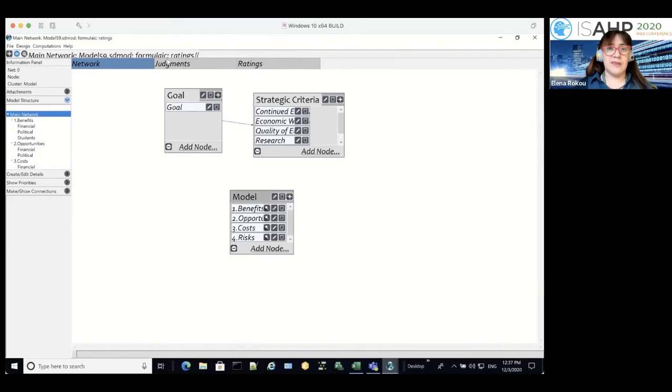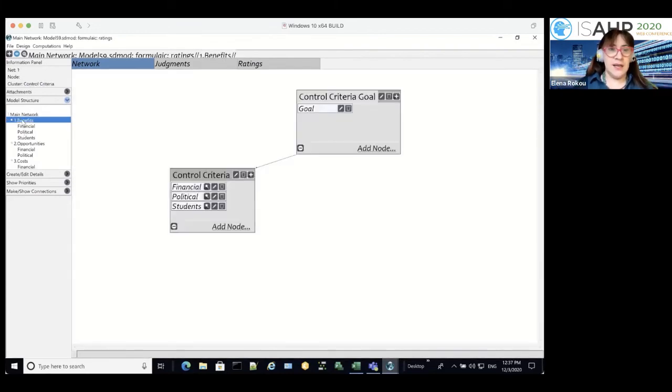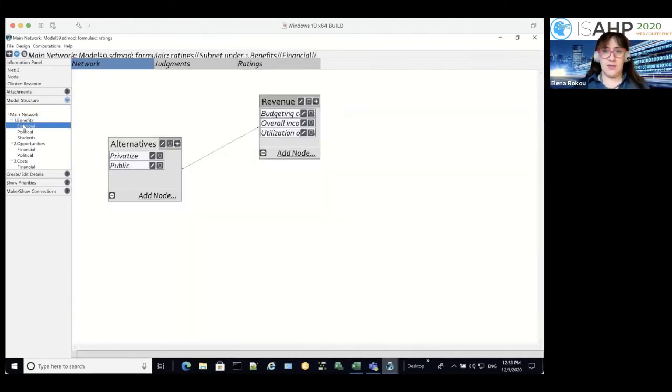So we're ready to start combining the results and understanding the situation with my results. How do we do it? We said bottom-up approach. That means I'll go to benefits and I'll go to my financial. That's the farthest down that I can go in this model, right?